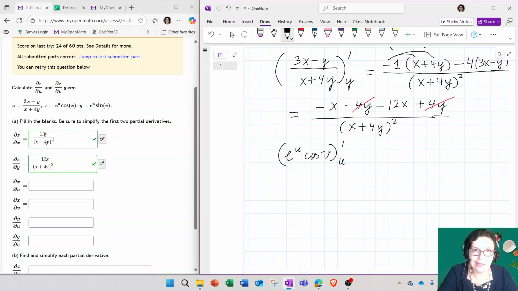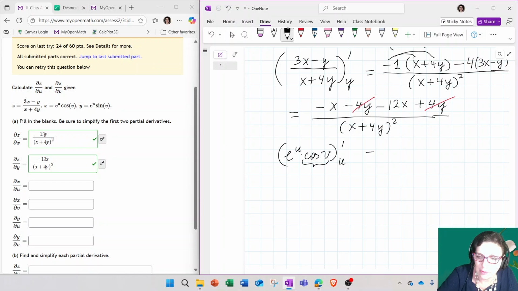You do not need product rule here. Why not? Some of you may say, well, I'm just going to use product rule. You can use it, but you don't need it because cosine v doesn't have a u. It's like a multiple. It's like a 5. You just keep it. You don't need a separate product rule. And besides that, the derivative of cosine v with respect to u would be 0, so you'll get the same thing.